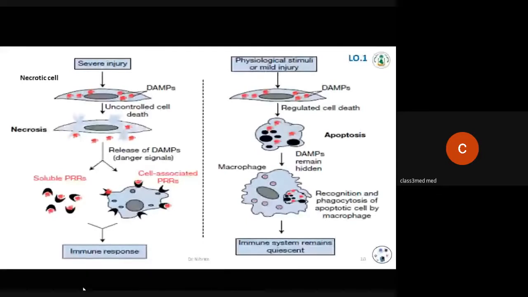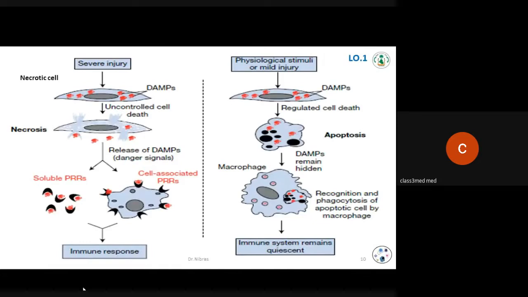Why is this important? Because when going into the apoptotic process, there are, as we see here, DAMPs, danger-associated molecular patterns. If the immune system recognizes these DAMPs, there will be an immune response. During apoptosis, these DAMPs stay hidden inside the cell because it will not rupture.